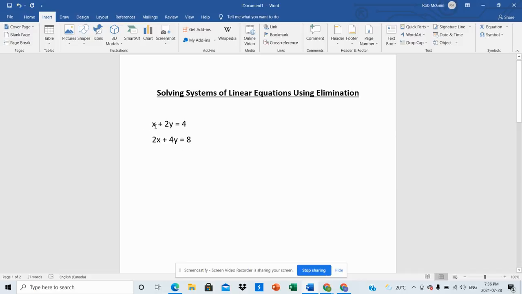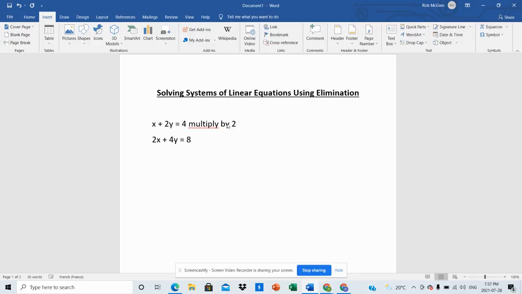And we have our first equation as x plus 2y equals 4. Our next equation is 2x plus 4y equals 8. And so we're going to follow the same process. We're going to try and eliminate our x's. So in order to do that, we'll have to multiply the first equation by 2.